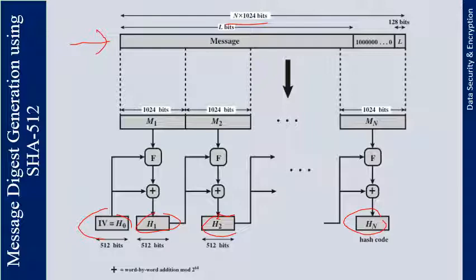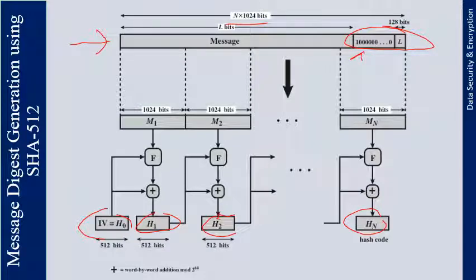The message is padded so that its length is congruent to 896 modulo 1024. Padding is always added, even if the message is already of the desired length. The padding consists of a single 1 bit followed by the necessary 0 bits.